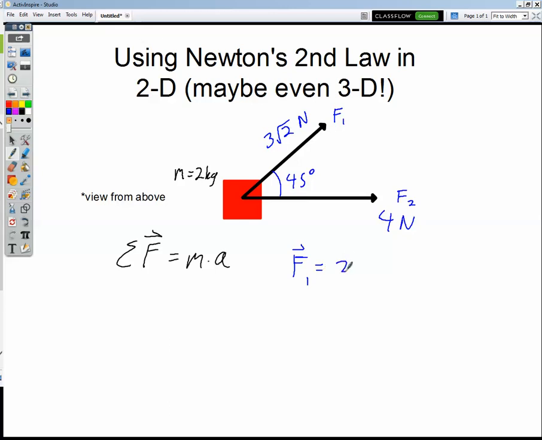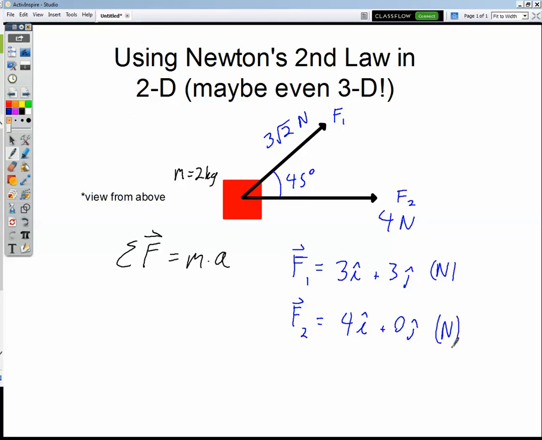So we've got positive 3 i hat plus 3 j hat for our component form, and this is in newtons. And for F2, our component form is even easier. We have only an x component going 4 units in the positive x direction, so positive 4 i hat plus 0 j hat, and that also is in newtons.